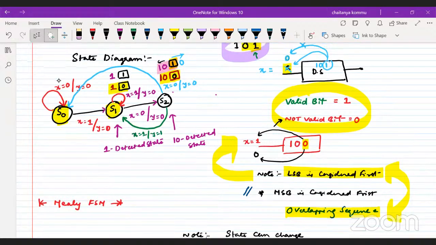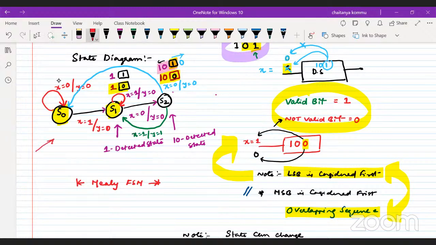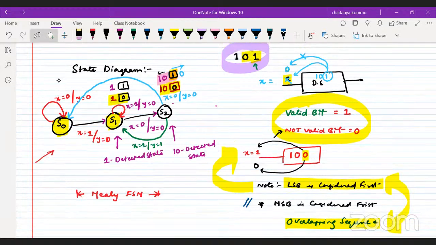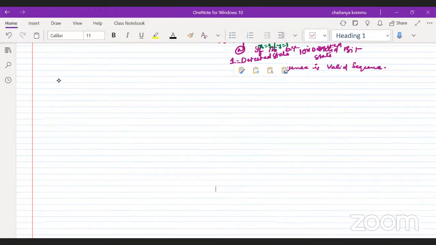So let us write quickly the VLSI program for this one. As everybody knows, whenever we talk about a sequence detector, it is called a sequential circuit. A sequential circuit consists of 2 parts. One is a combinational part. The next one is a memory part. This memory part is similar to that of a D flip-flop.